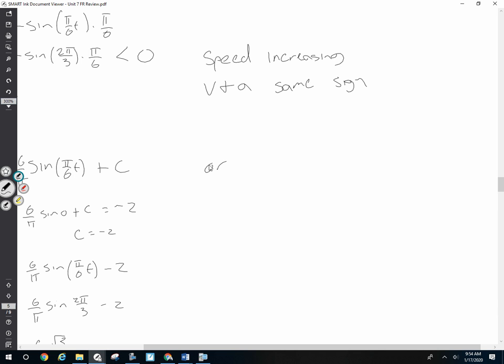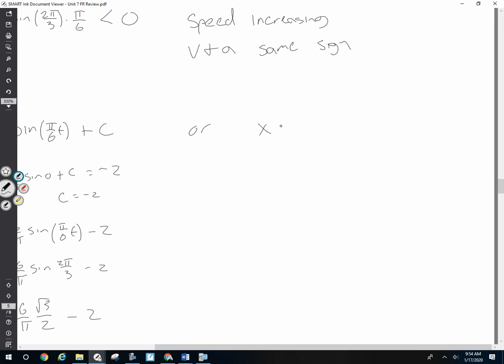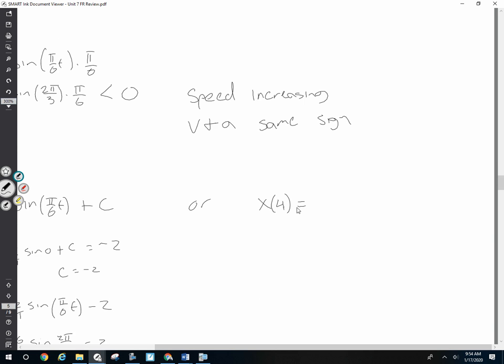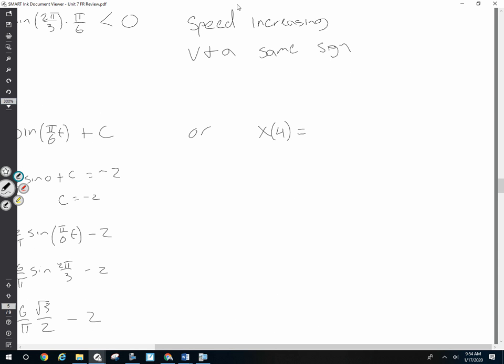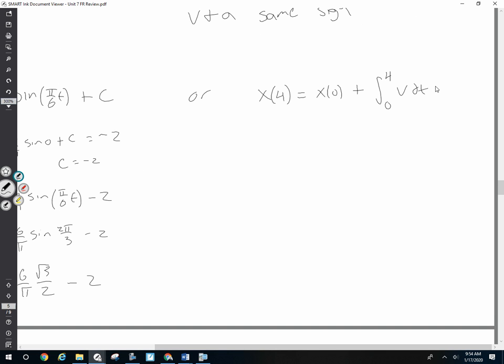The other way to do it is to say my position at time 4 equals my position that I know at time 0 plus the integral from 0 to 4 of velocity, which is my displacement. What you end up doing is you don't have to find c here, but you have c right here.